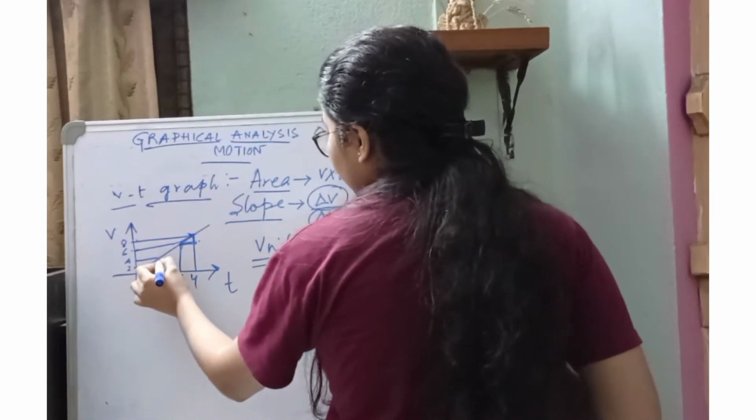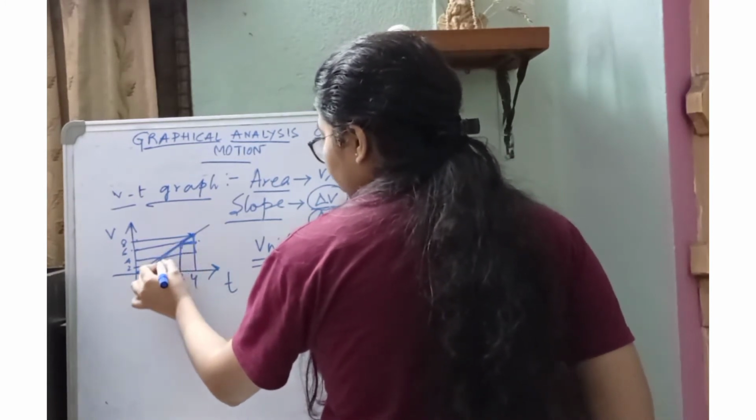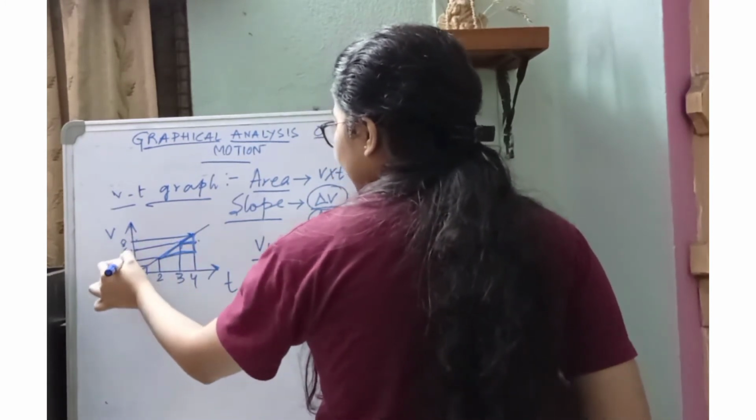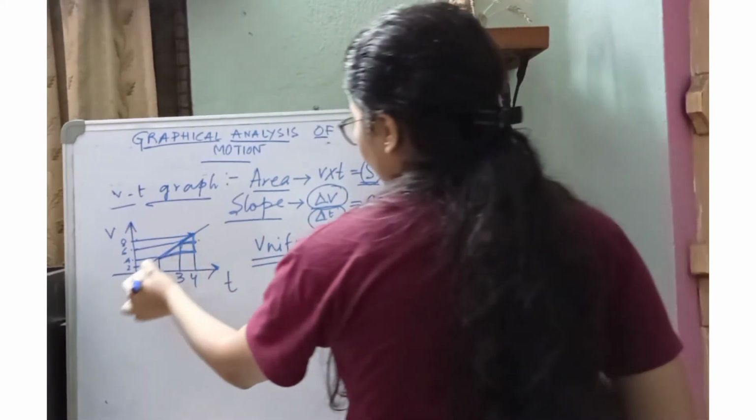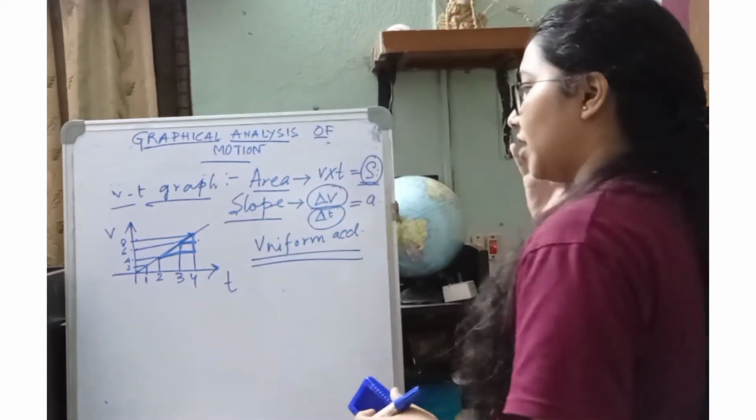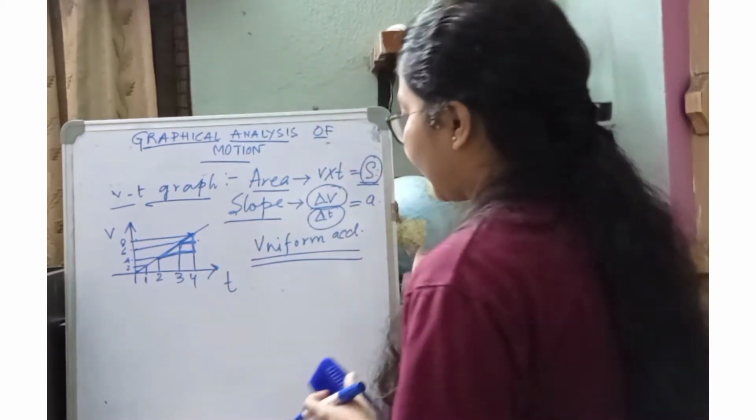If I want to consider a bigger triangle, suppose this triangle, then it is 8 minus 4 by 4 minus 2, and in this way we can take any other triangle for our reference to find the value of acceleration.